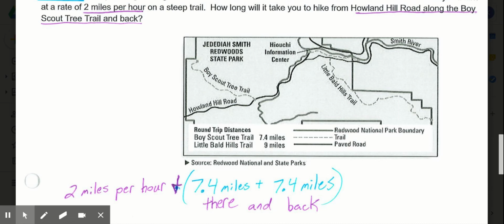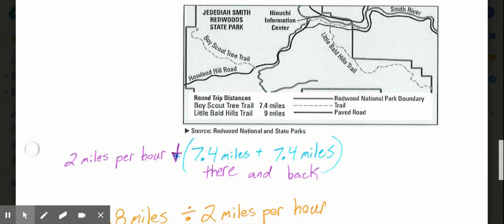So the Boy Scout Tree Trail is right here. And what it tells us is our round trip distance is going to be 7.4 miles.